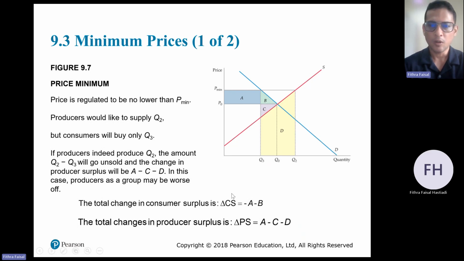So all in all, the producer surplus is A minus C minus D, and the welfare effect will be very much depressed. If you see the total area over here, the effect should be negative all in all.